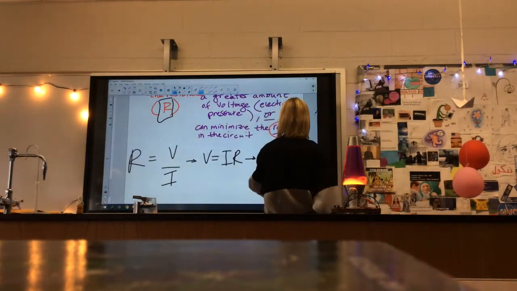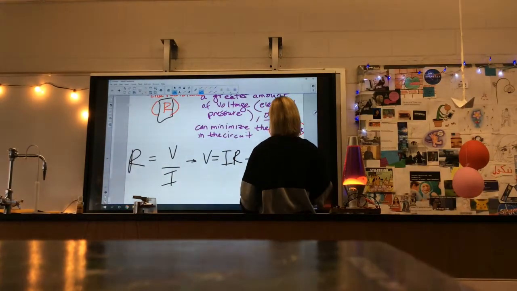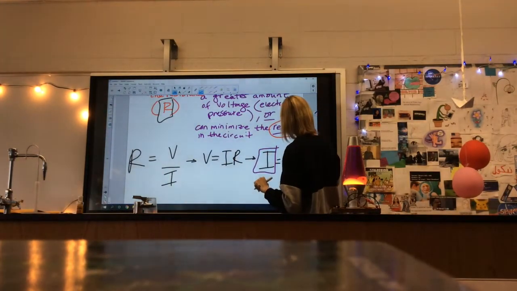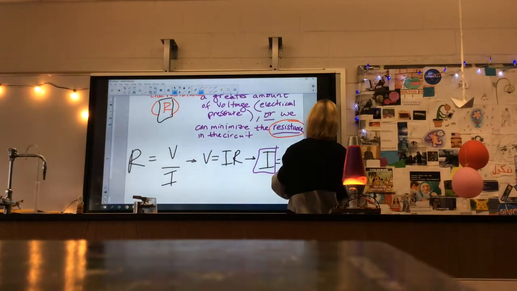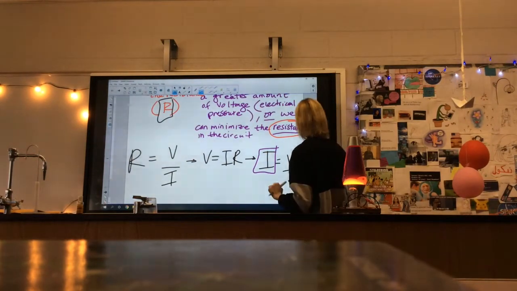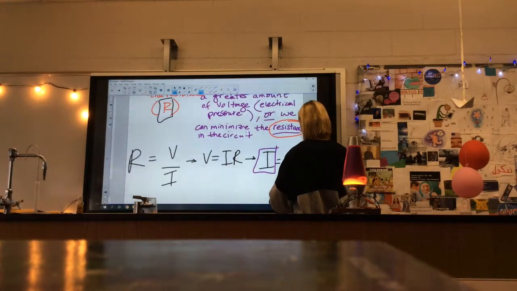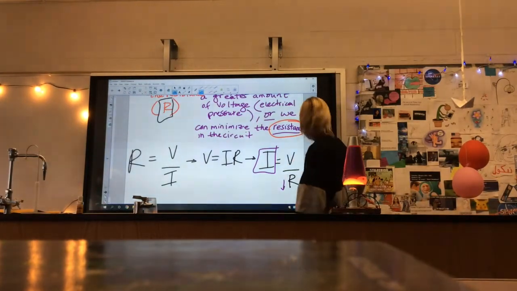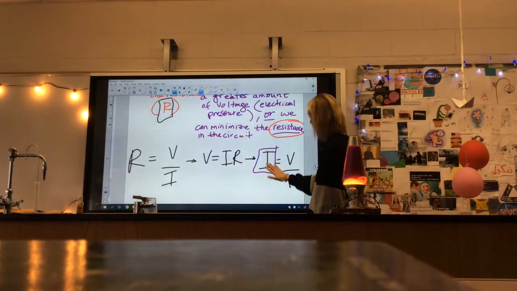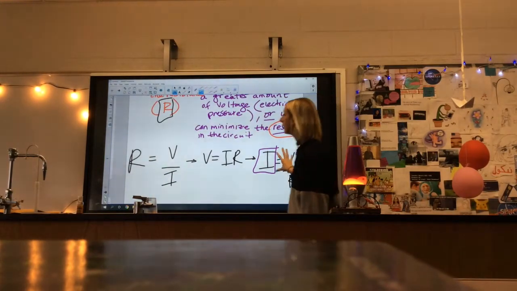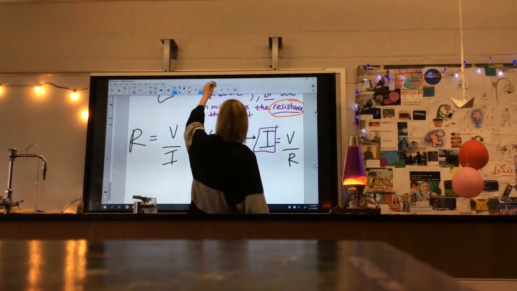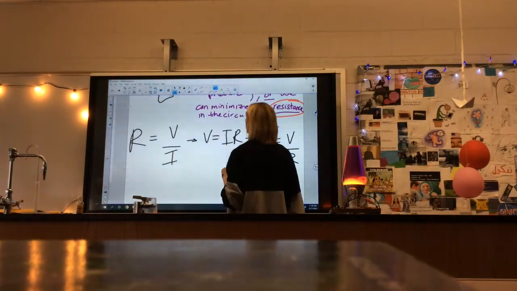If I want to maximize the amount of current in this circuit, I can either increase the voltage or I can decrease the resistance, or I can do both. Okay, so that relationship is inherent in this equation. So we're actually going to use this information a lot moving forward.